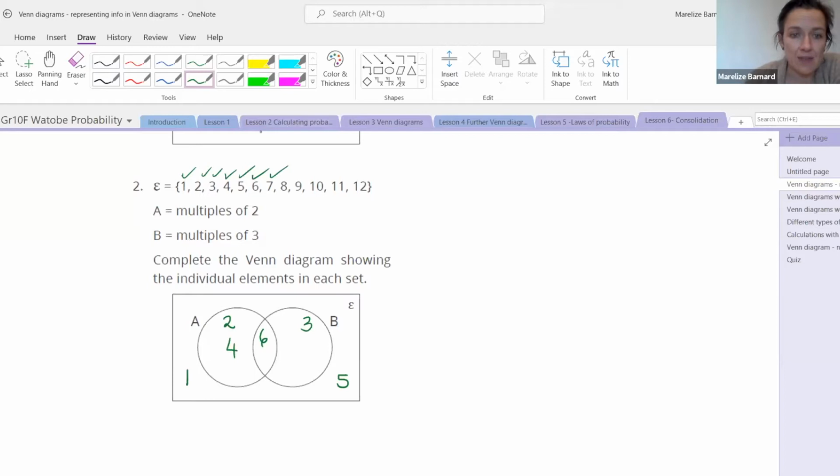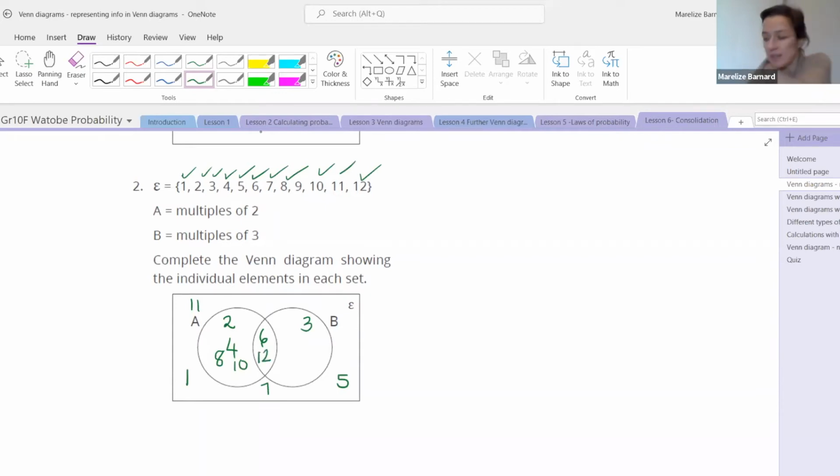And then 7 doesn't fit into either, so we leave it outside. 8 is a multiple of 2. 10 is a multiple of 2. 11 doesn't fit in anywhere, so it stays outside. And then 12 is a multiple of 3 and of 2.